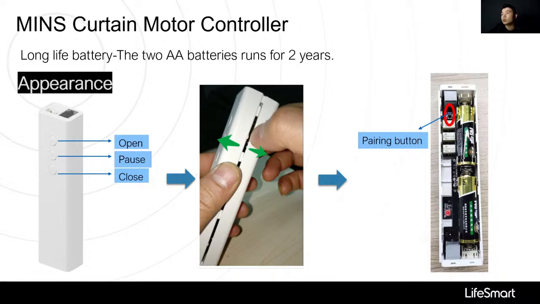And here, two AA batteries. LifeSmart products usually have a feature that is energy saving and no power consumption. So the two AA batteries run for 2 years. It's a long life for these batteries.